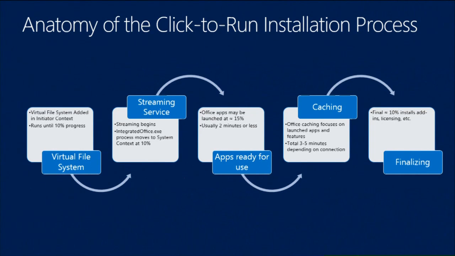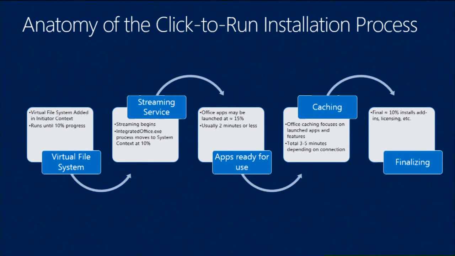So after the initiator process builds the virtual file system, it then turns it into a service, streaming begins, and starts caching Office into the local directories at about 10% in the progress window, as you see the percentages fly by. You can launch applications fairly solidly at about 15%. You don't want to go any earlier than 15%, but that's about when you would launch the apps.